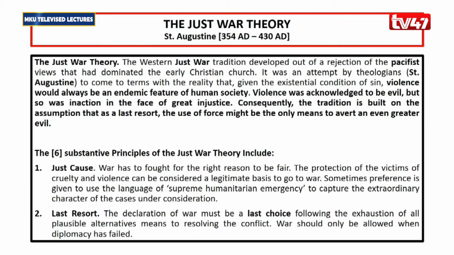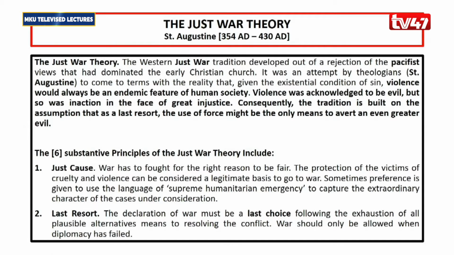Violence was acknowledged to be evil, but so was inaction in the face of great injustice. So this theory mostly applies when there is great injustice that can be stopped using force. It's an ethical dilemma whether we should use war or whether we should use diplomacy. And when diplomacy fails, then the just war theory kicks in, where we justify the war.